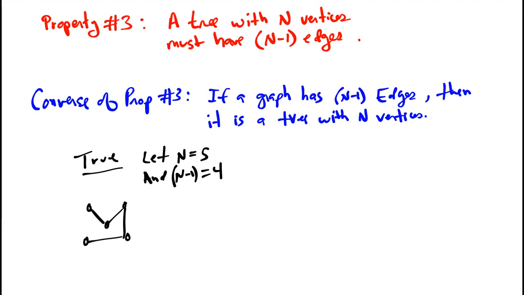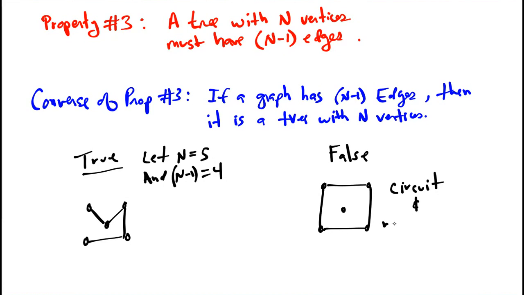This is a true example, but we can also draw a false example. So if I take these 4 edges out here, now I have a circuit and it's disconnected. So property 3, the converse statement, is not true because we can draw a counterexample to it.